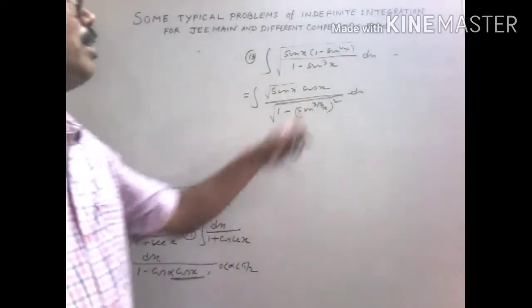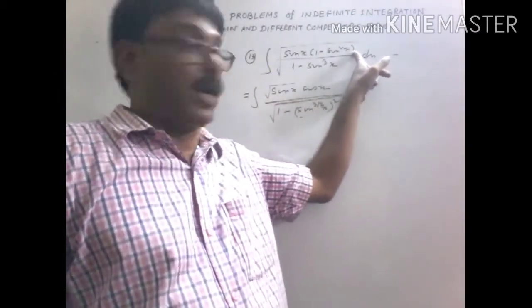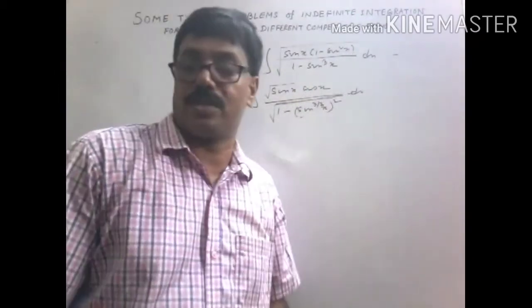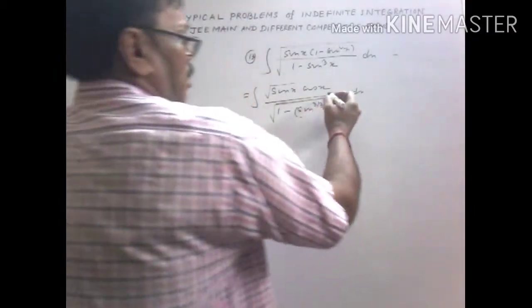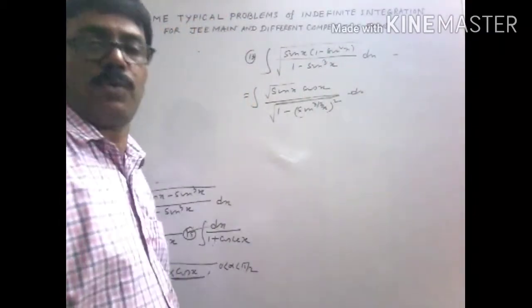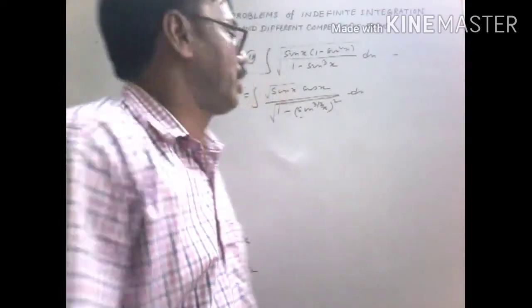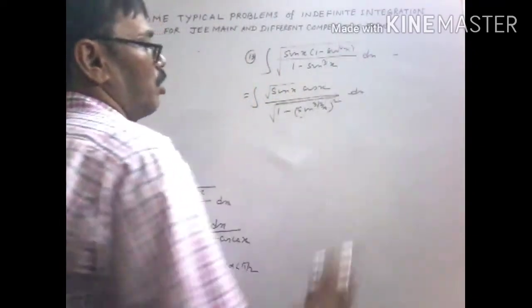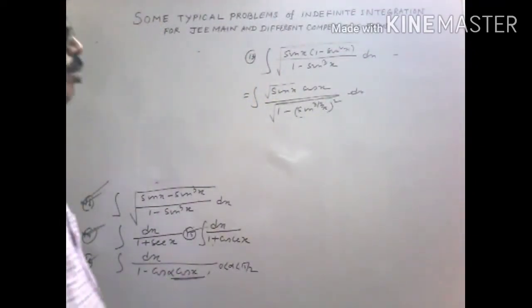Look, in general for root over 1 minus sin square x, we take mod cos x. But in case of integration, if no restriction is given, we suppose that it is in the first quadrant. That is why we are taking it cos x, not mod cos x.